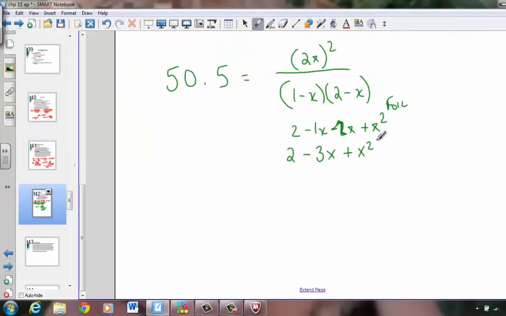So continuing through this, 2 minus 3x plus x squared, I have to now distribute. So let me just simplify what we have so far. This is going to be brought up. 2 minus 3x plus x squared is equal to, so I'm just bringing this to this side, now we have 2x, both are being raised to the power of 2, so remember that's actually 4x squared. Alrighty. Let's distribute 50.5 through this parenthesis.